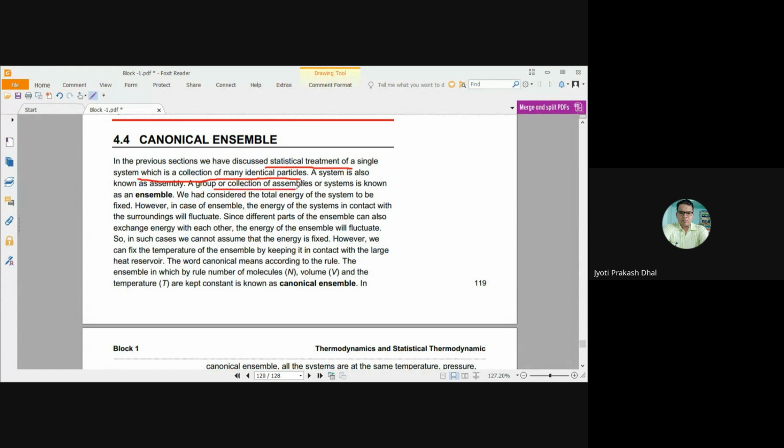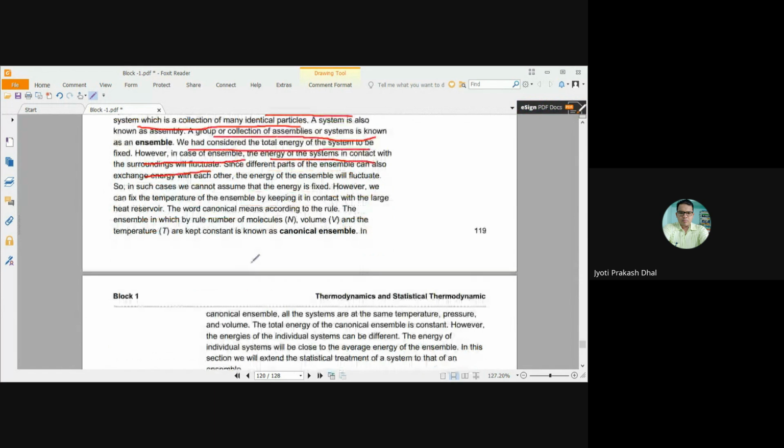A collection of assemblies or systems is known as an ensemble. We had considered the total energy of the system to be fixed. However, in the case of an ensemble, the energy of the system in contact with the surroundings fluctuates. Since the different parts of the ensemble can exchange energy with each other, the energy of the ensemble will fluctuate, so in such cases we cannot assume that the energy is fixed.